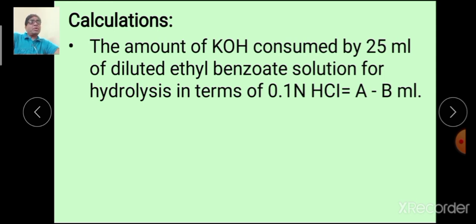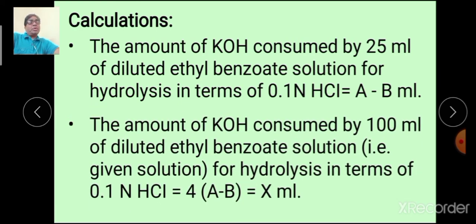How much quantity of KOH is used? A minus B, because A is the total while B is the excess, and therefore when we take A minus B, the used KOH is determined, that is the amount of KOH consumed by our ester solution.